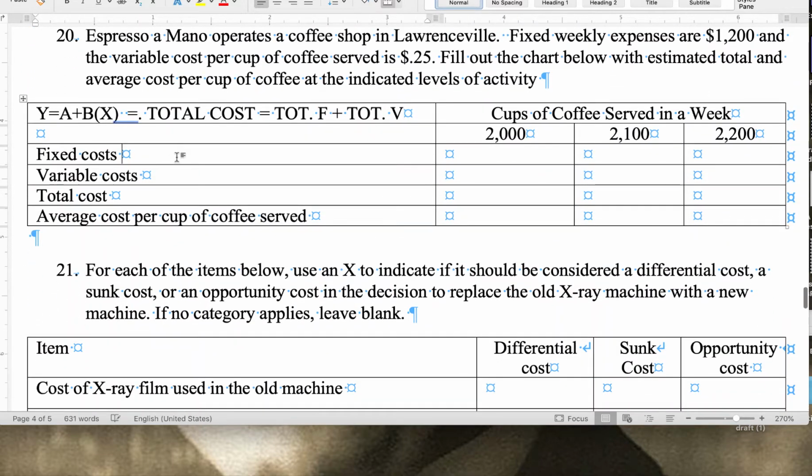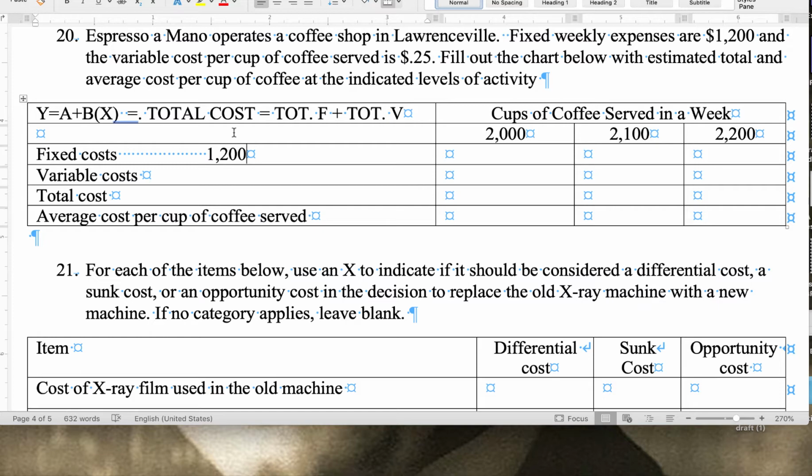Okay, so our fixed cost here is $1,200. We know that because the problem says, hey, your fixed costs are $1,200, right? That fixed weekly cost, maybe that's the rent that we pay. Maybe we have a fixed salary for the manager of the coffee shop. Okay, so that's fixed.